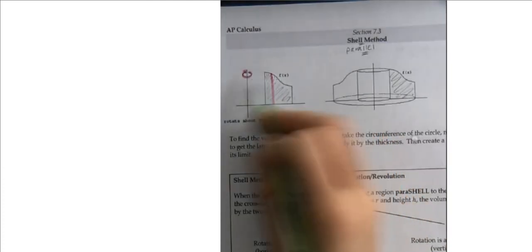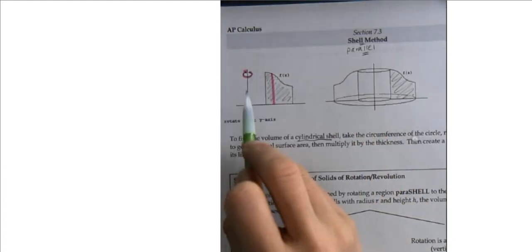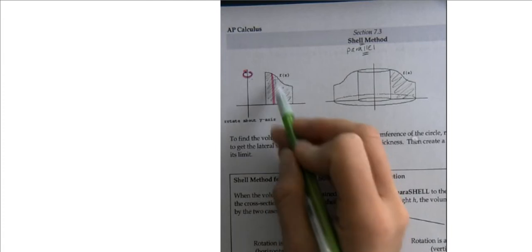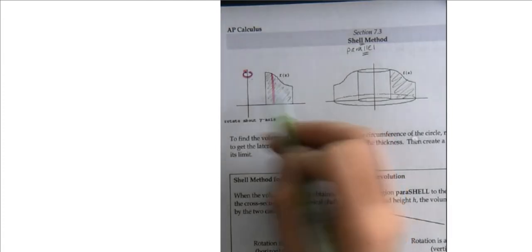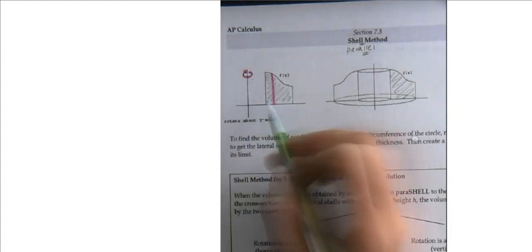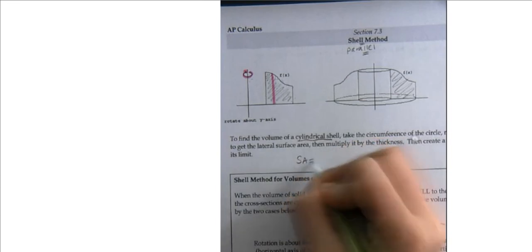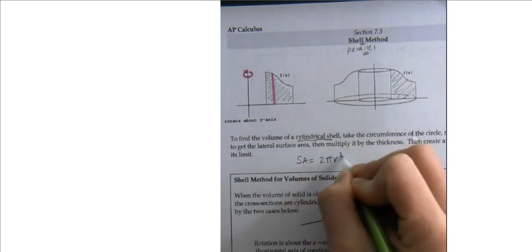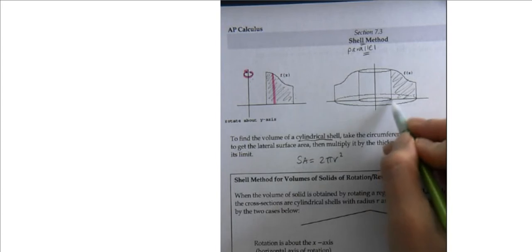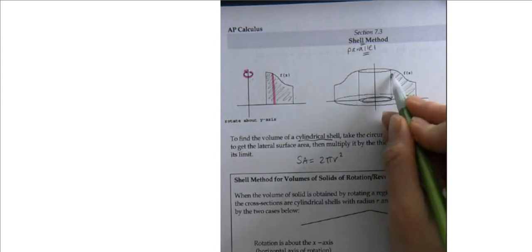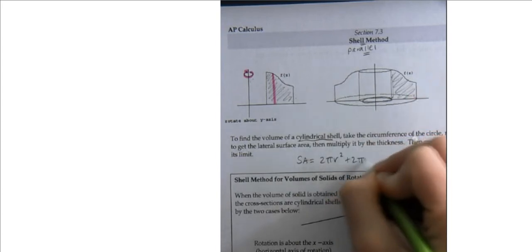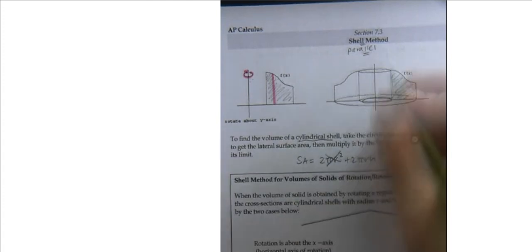We're going to find the lateral surface area of a cylinder an infinite number of times, because there's an infinite number of rectangles creating an infinite number of cylinders. The surface area of a cylinder is 2 pi r squared, because those are the top and the bottoms of the circle, plus 2 pi r times the height. But we don't have this because we don't have a top and a bottom.